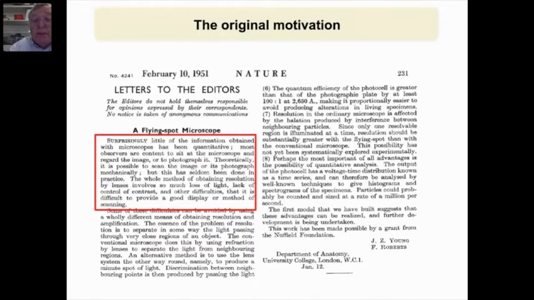They also make the point that with their flying spot microscope, the quantum efficiency of the photodetector is much higher than a photographic plate, and hence one could, in principle, use a lower illumination intensity.